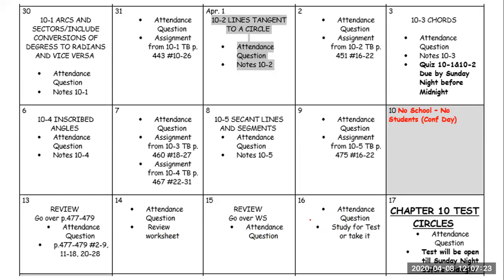Same thing then for Fridays, there won't really be a need for a live session. I will have it open. Again, I'm talking about next Friday. This Friday, we have no session because there's no school this Friday. But for next Friday, the one where it says test, I'll be on here so that you guys can come on and ask questions if you need to.